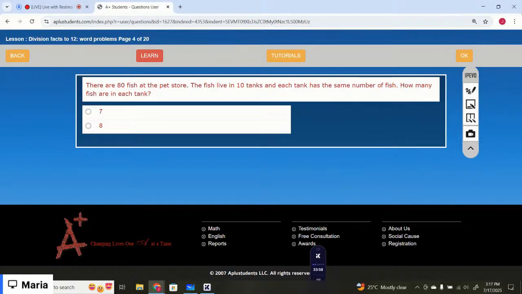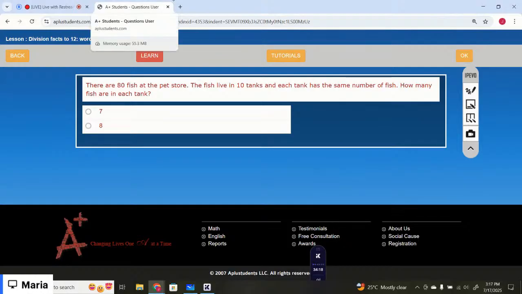There are 80 fish at the pet store. The fish live in 10 tanks and each tank has the same number of fish. How many fish are in each tank?